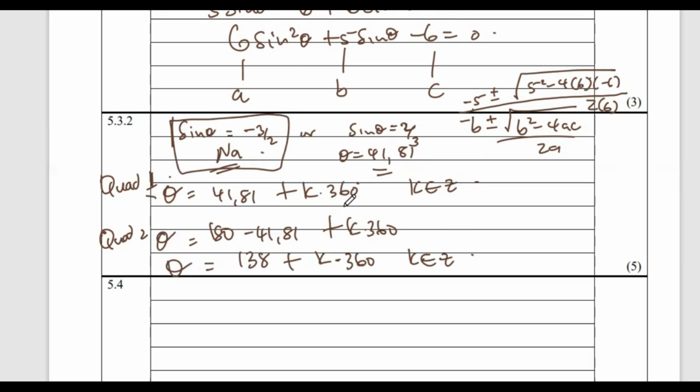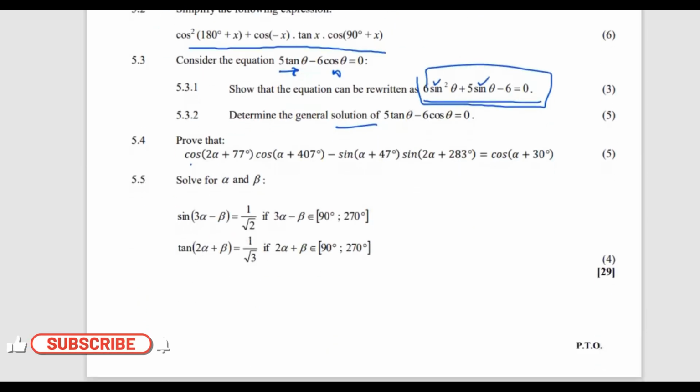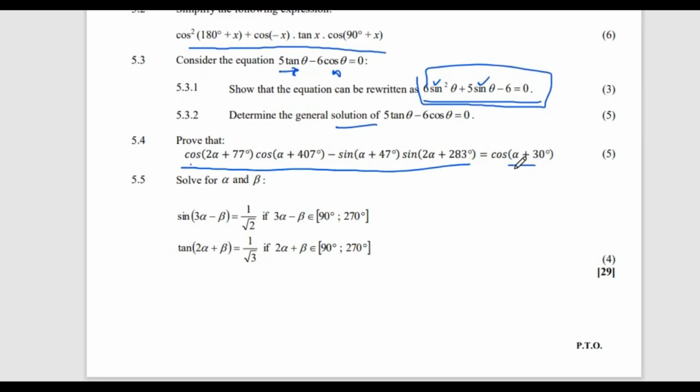Okay, then 5.4. They want us to prove, can we prove that this is the same as that?